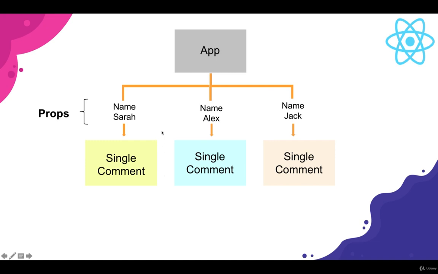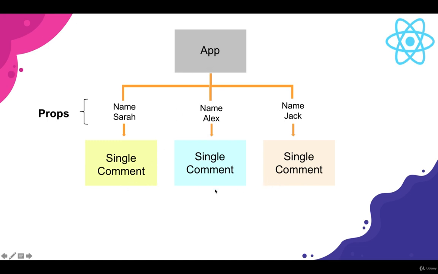So as you can see in this diagram, we could say that we have a single instance of the app component, and then underneath of it, we have three single comment. So the single comment is nested inside the app, so we would refer to the app as a parent component.